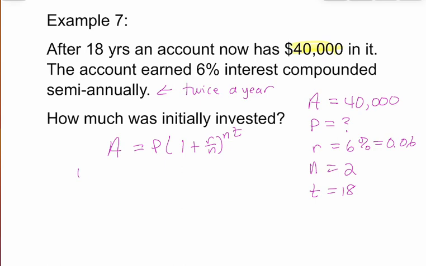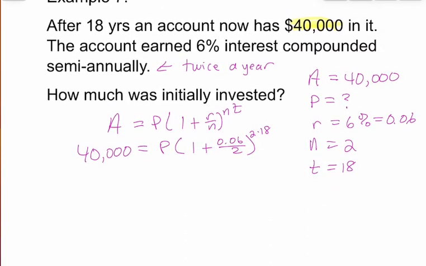Our A is 40,000. Don't know the P. That's what we're going to be looking for. 1 plus our R is 0.06. Our N is 2. And then this is 2 times a time of 18.